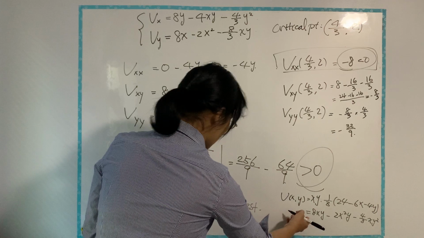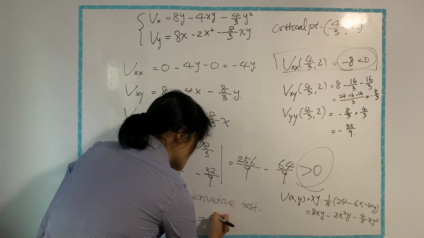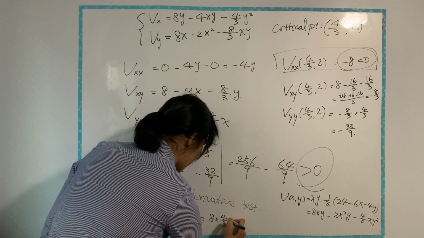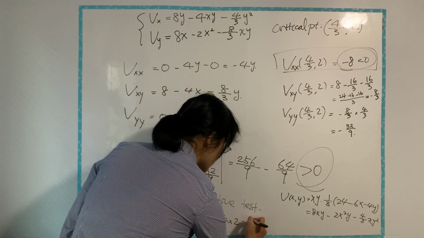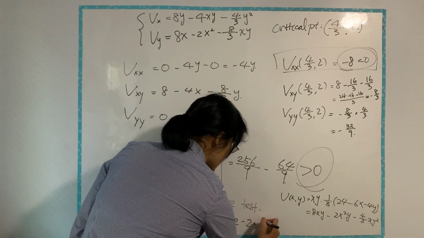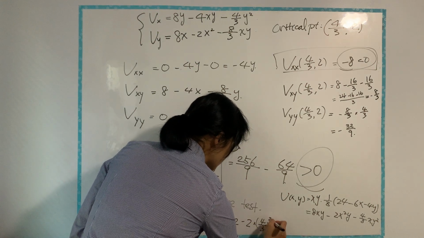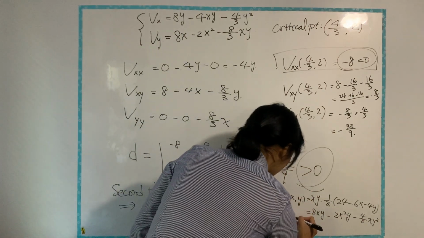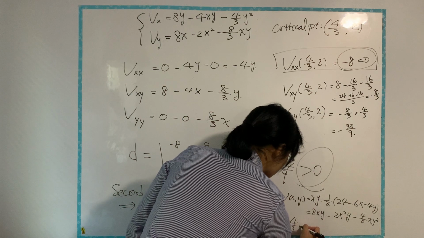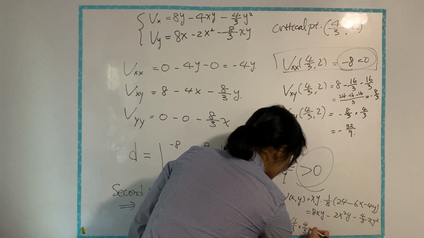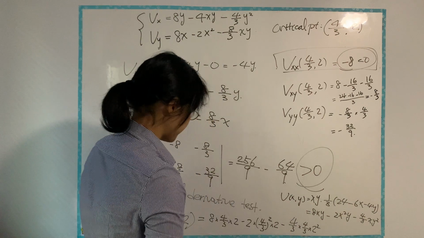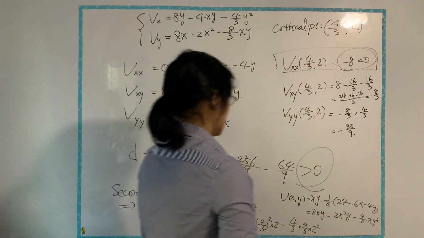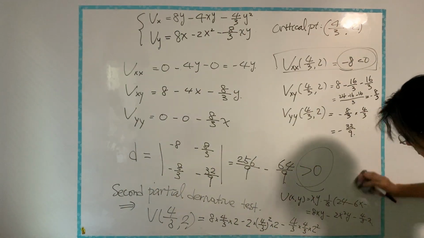Yeah. So this is 8 times 4/3 times 2 minus 2 times 4/3 squared times 2 minus 4/3 times 4/3 times 2 squared. Okay. So I don't need this function here.